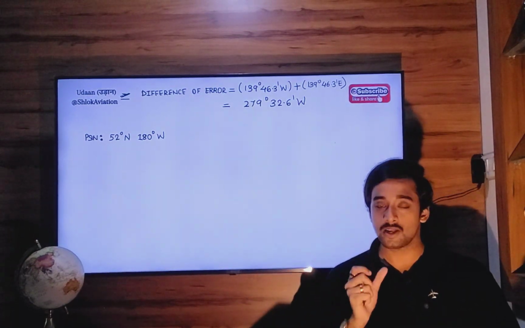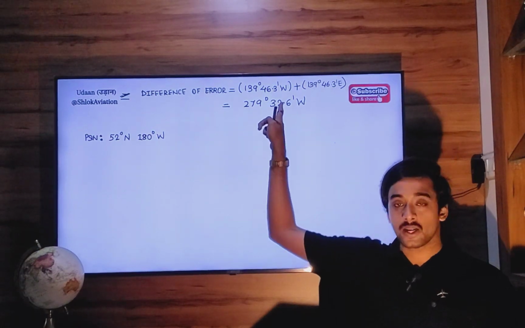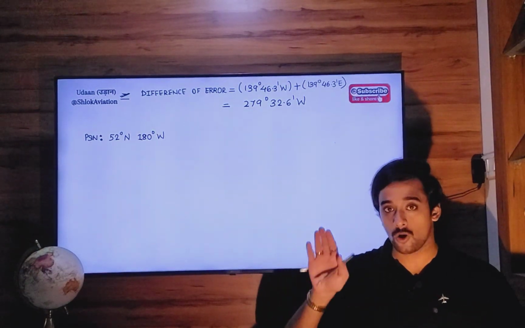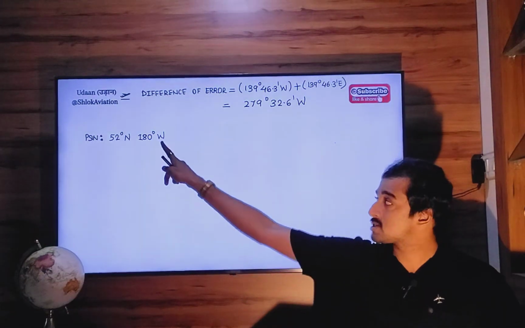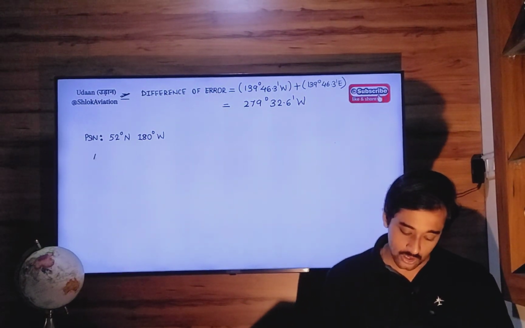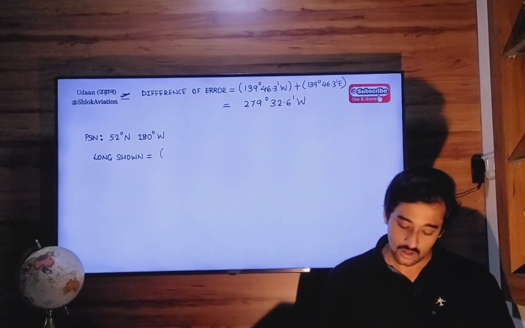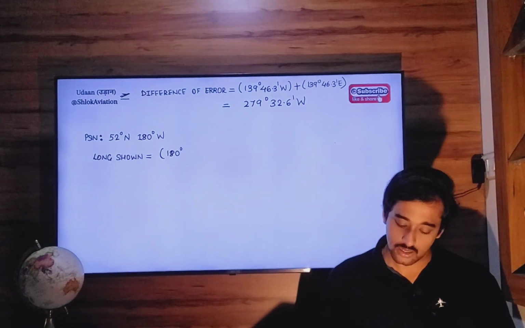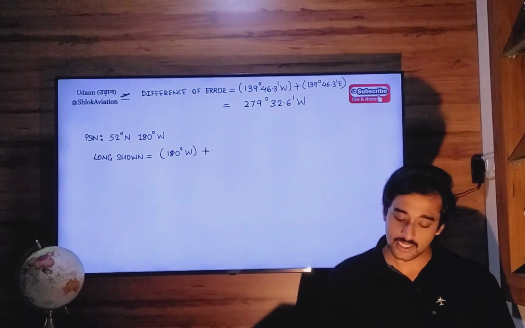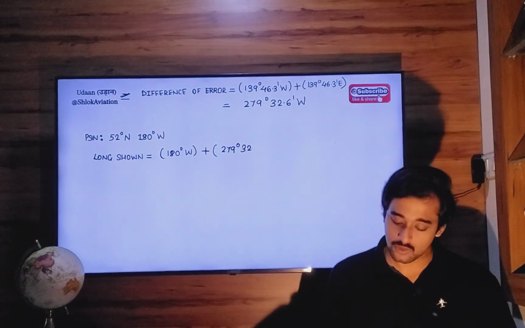That means the longitude that will be shown to you will be 279 degree 32.6 minutes west of this accurate longitude. So the longitude shown to you will be equal to 180 degree west plus this error, so 279 degree 32.6 minutes west.